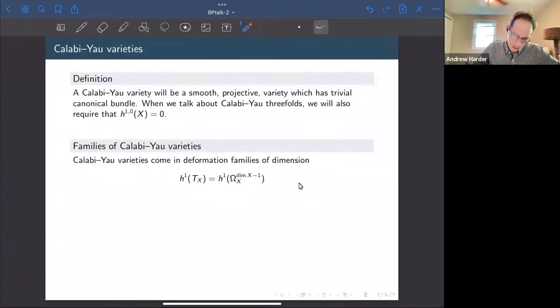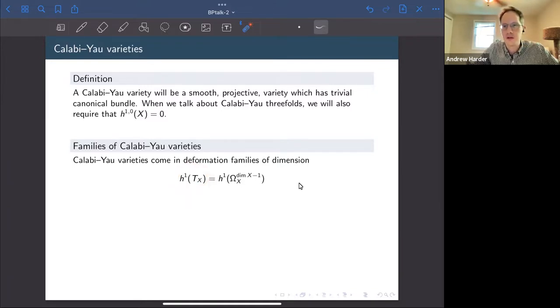What I want to talk about largely is families of Calabi-Yau threefolds, or families of Calabi-Yau varieties. One thing that we know about Calabi-Yau varieties is that they have unobstructed deformations. In particular, the space of infinitesimal deformations of complex structures on a particular Calabi-Yau variety is of dimension H^1 of the holomorphic tangent bundle.